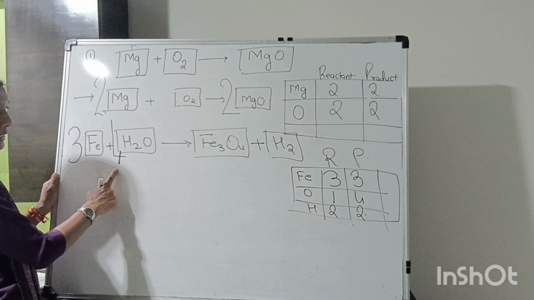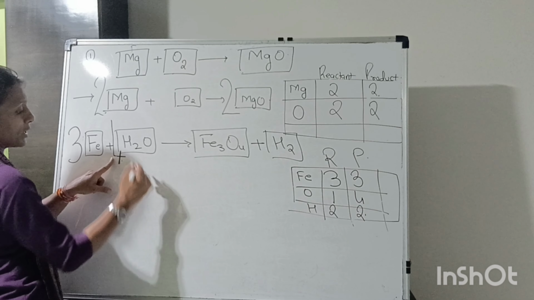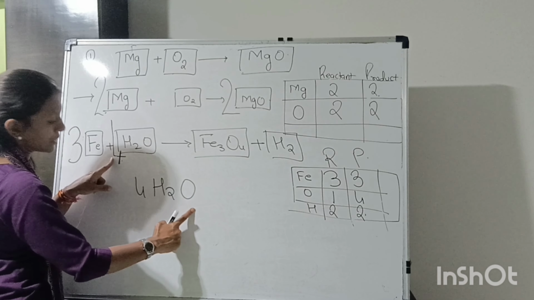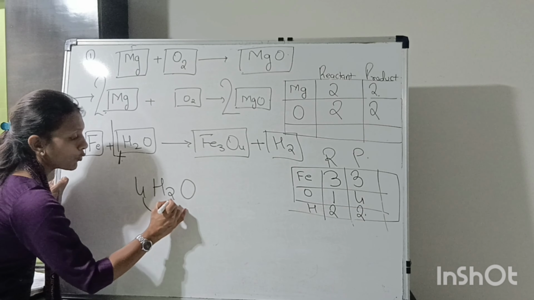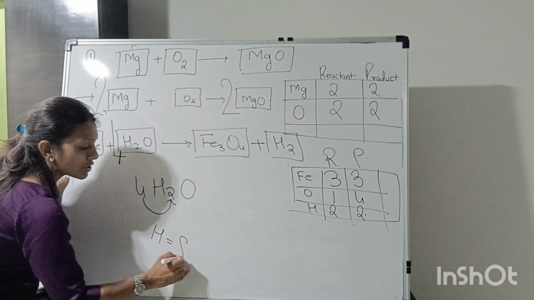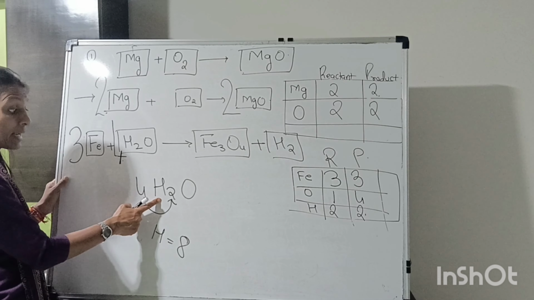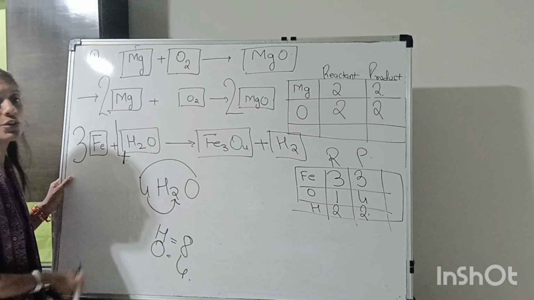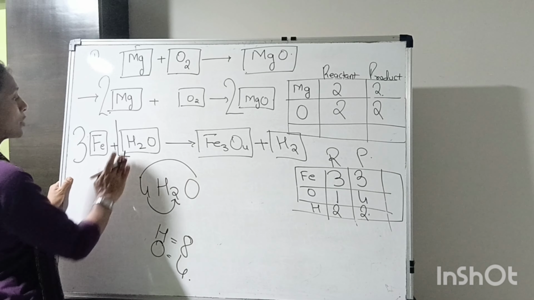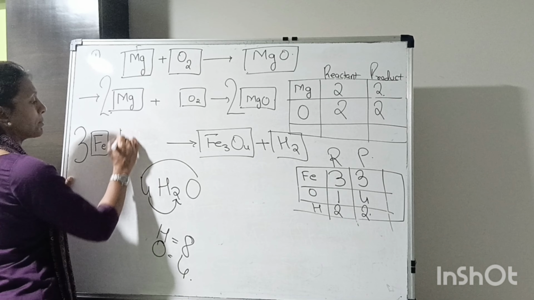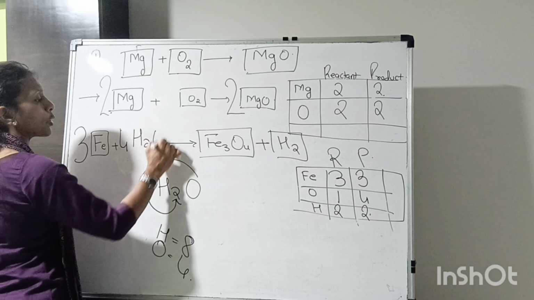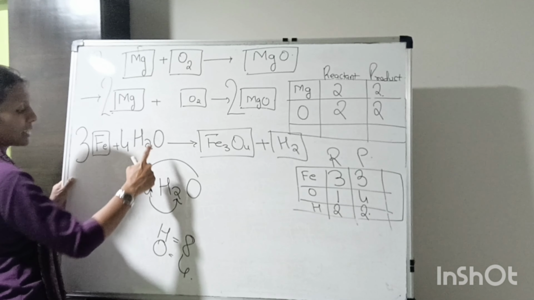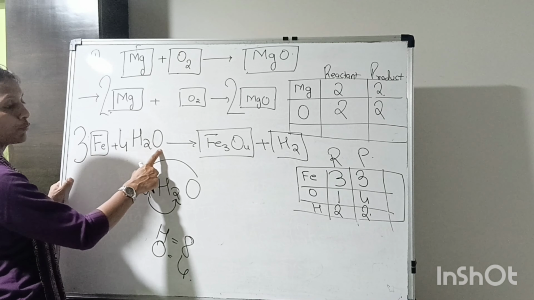Now what happens is 4 will get multiplied with both hydrogen and oxygen, which means 4 twos are... How many hydrogen are there on the reactant side? 8. And 4 ones are, so how many oxygen are there on the reactant side? 4. So you can simply change this equation by writing 4 molecules of water. 4 twos are 8 hydrogen and 4 ones are 4 oxygen.